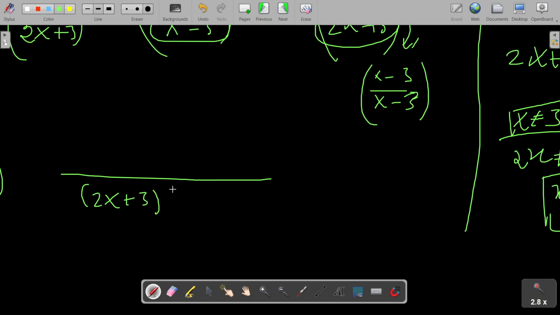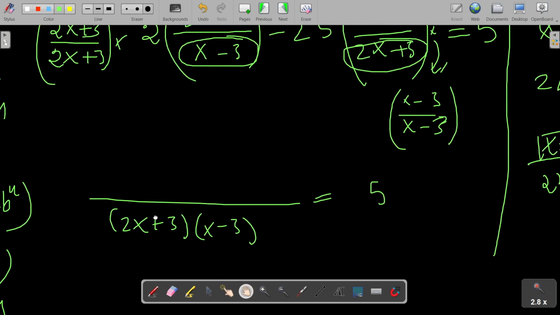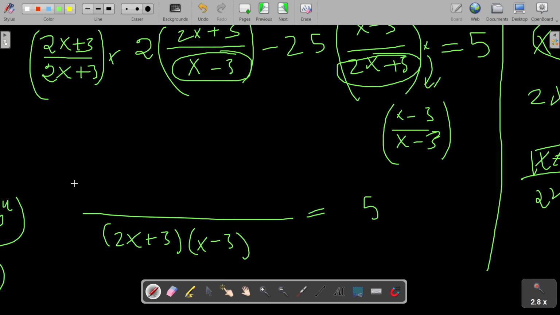So we got 2x plus 3 into x minus 3 here, equal to 5. And we have here 2 into 2x plus 3 whole square, since 2x plus 3 into 2x plus 3 is 2x plus 3 whole square. This is minus 25 into x minus 3 whole square.